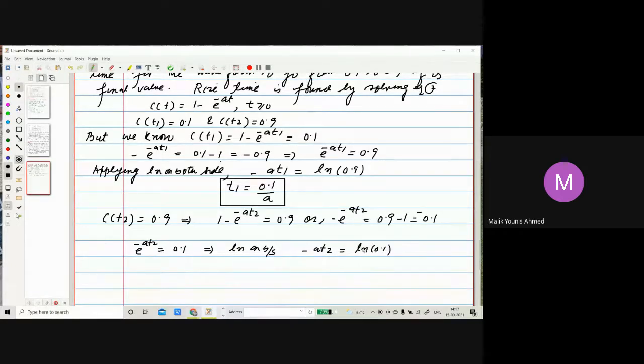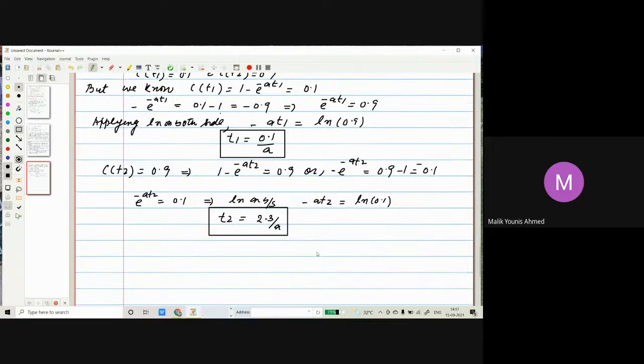So that value I have in front of me, you are going to get t2 as 2.3 divided by a. Now we have to get the rise time, hence tr, that is rise time, is equal to what?